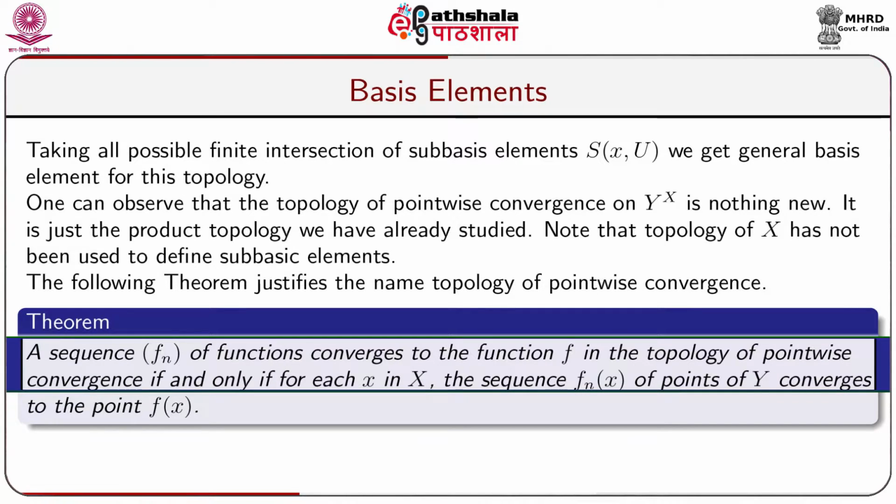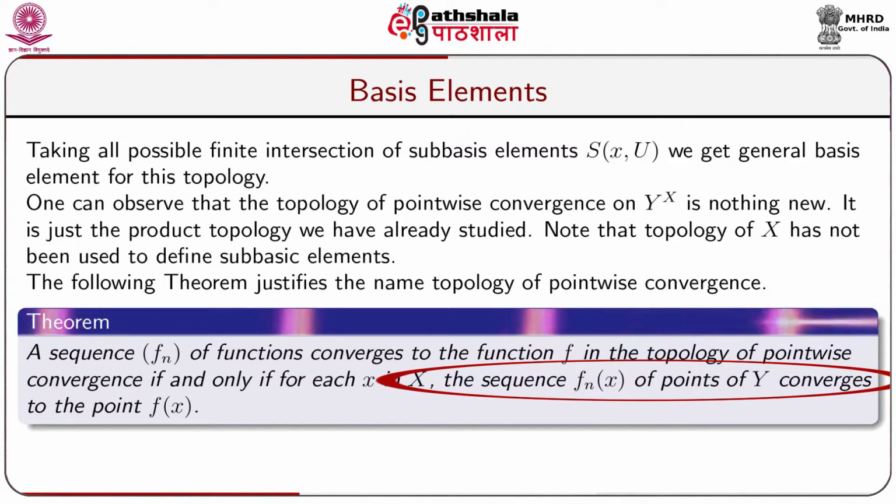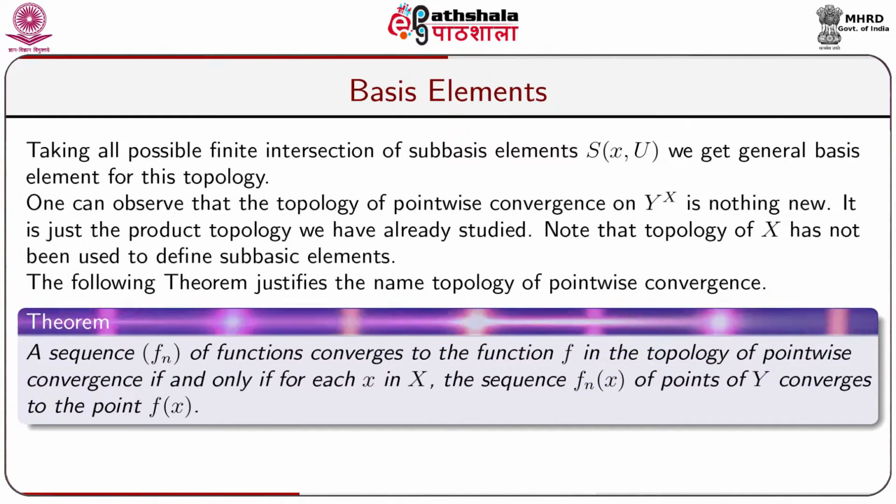A sequence f_n of functions converges to the function f in the topology of pointwise convergency if and only if for each x in capital X the sequence f_n(x) of points of Y converges to the point f(x) in the topology of Y. That means, for each x the sequence f_n(x) converges to the element f(x), and this convergency in Y depends only on the point x.